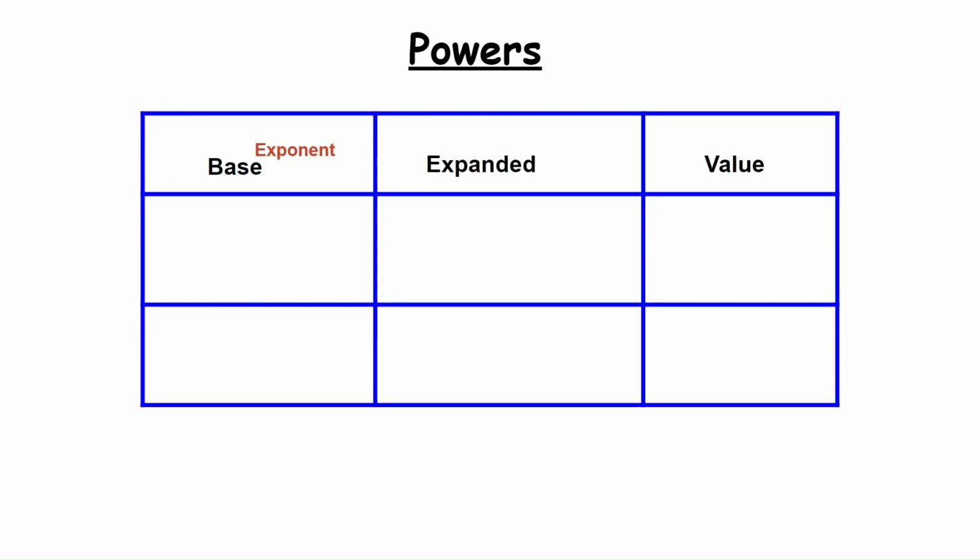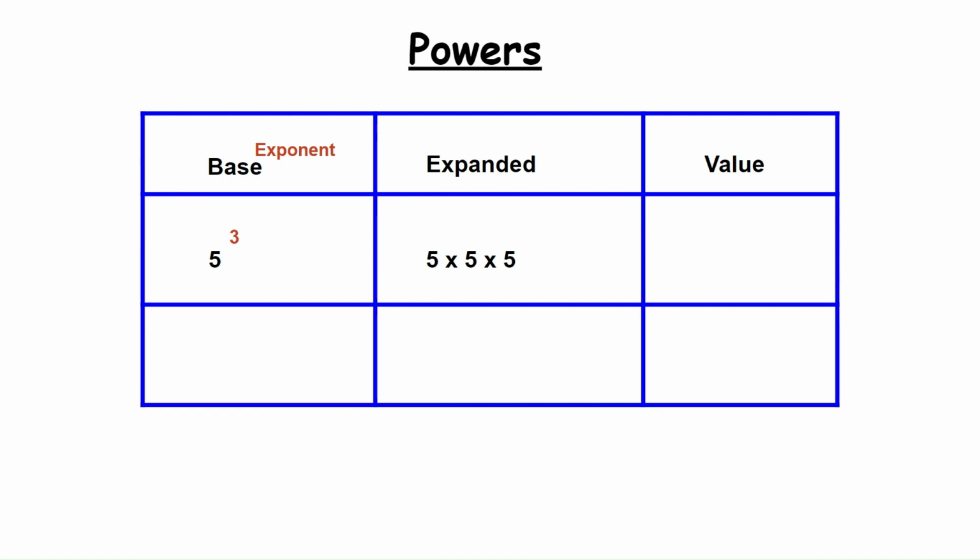So let's try a couple examples together. I'm going to give you a base and exponent, 5 to the third power, and I would like for you to expand it and tell me the value. So let's expand it first, 5 to the third power. That's right. That's 5 times 5 times 5.